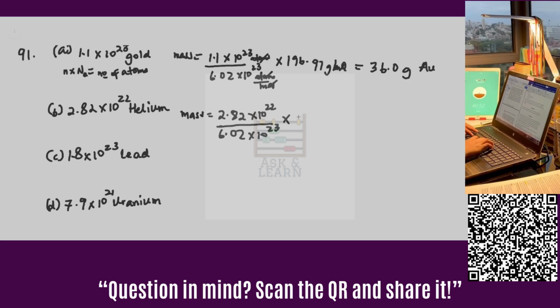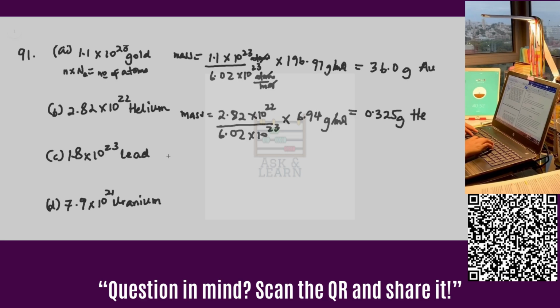Multiply that by the molar mass of helium, which is 6.94 grams per mole. That would essentially give us 0.25 grams.